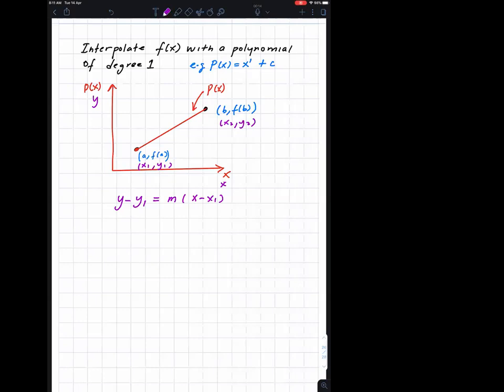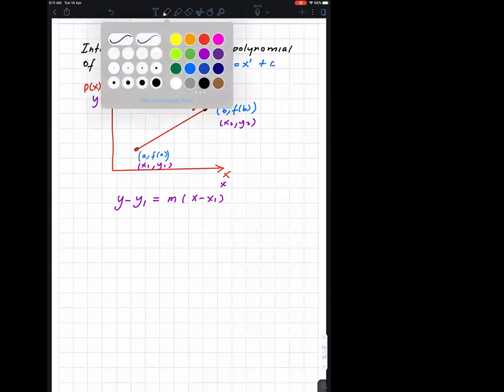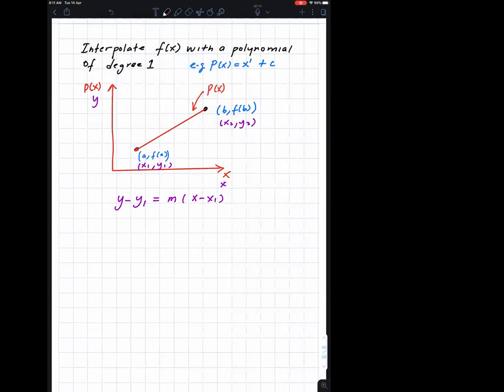So using what we know from the past, we can write an equation for this line.